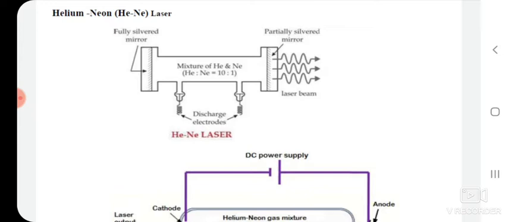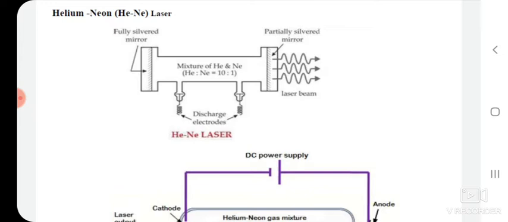So we have to understand that He and Ne each have their own importance. Helium atoms are used to help in the excitation process, and neon atoms act as active centers and are responsible for laser action.